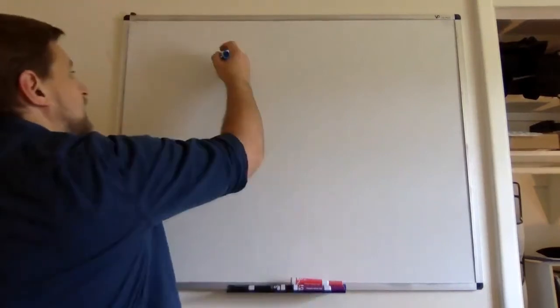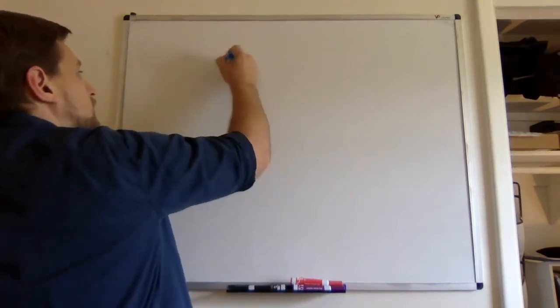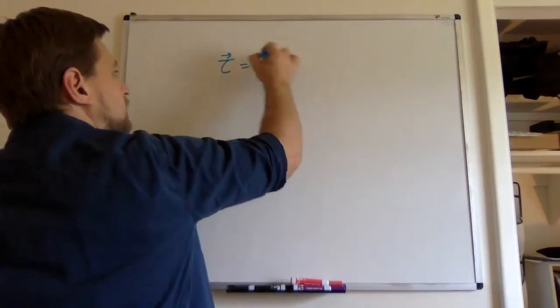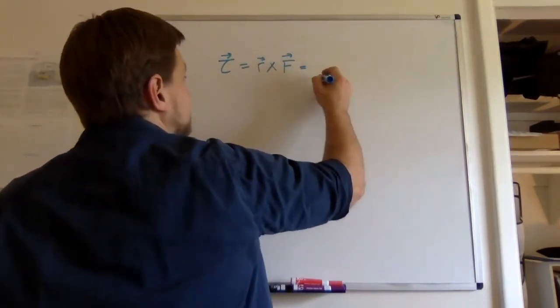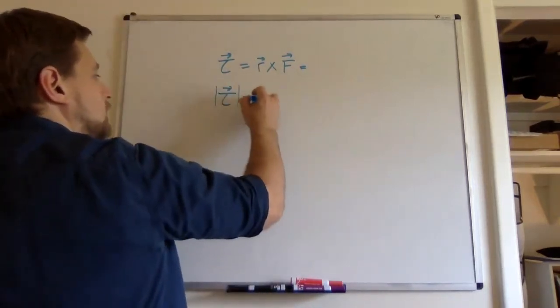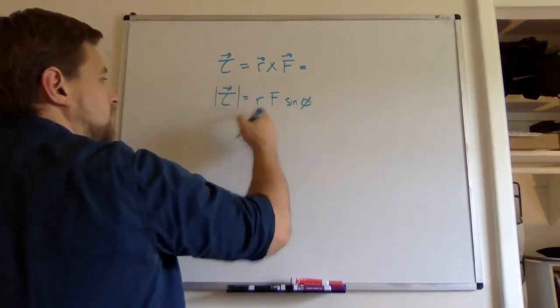I want to unpack our definition of torque. R cross F equals, well, it has a magnitude R F sine of the angle between those two things.